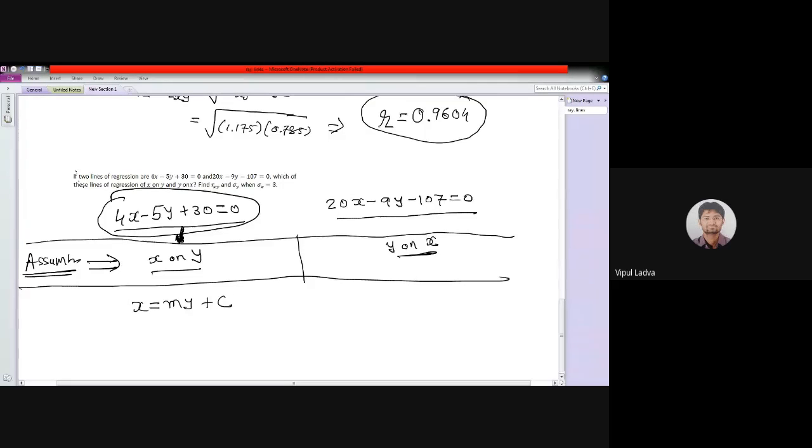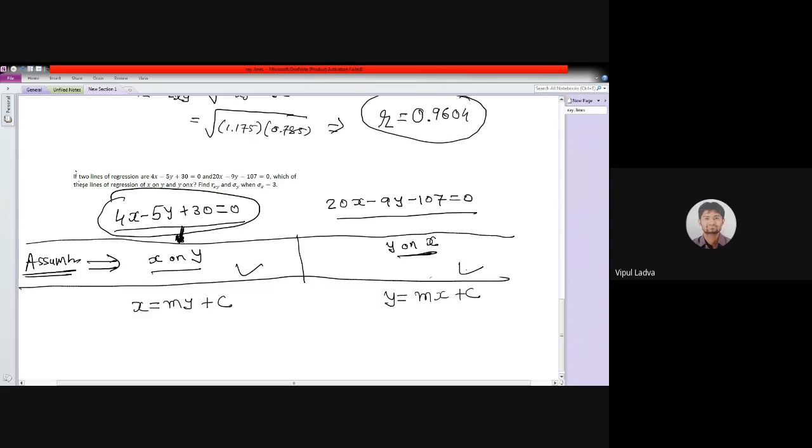And if this is the regression line y on x, then it can be written in the form y equals mx plus c, and this m leads to the regression coefficient y on x. After identifying both regression coefficients, we use the regression coefficient properties. If they follow all the properties, then we are good. The assumption is correct: this is x on y, this is y on x.